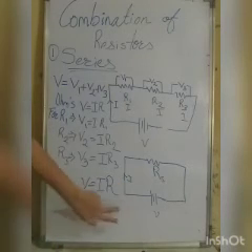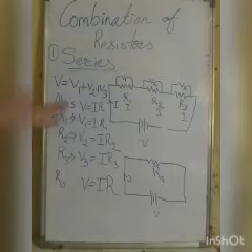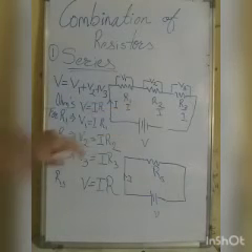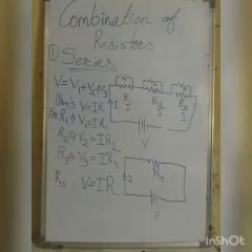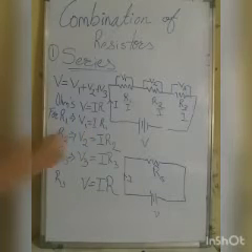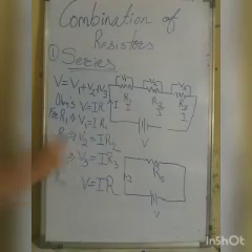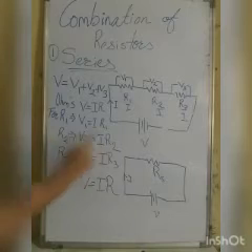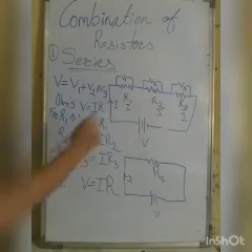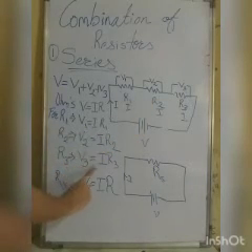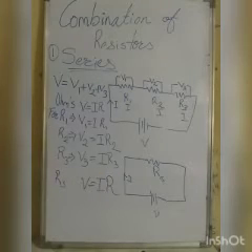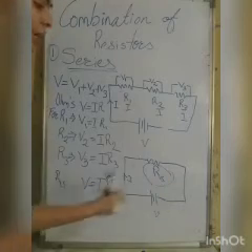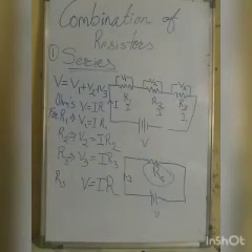For R1 we have V1 equals IR1. For R2 we have V2 equals IR2. For R3 we have V3 equals IR3. And when you combine these three resistances, you find an equivalent resistance, that is RS.